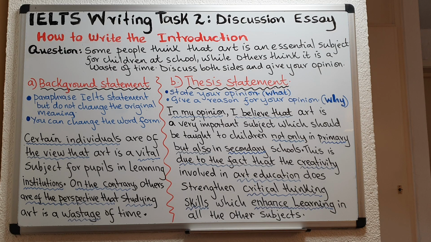On the other hand, you have people who think that it is a waste of time. So, one group of people think that it is important for children to study art at school. They think it is a very important subject. But on the other hand, you have people who think that children should not study art at school because it is a waste of time.